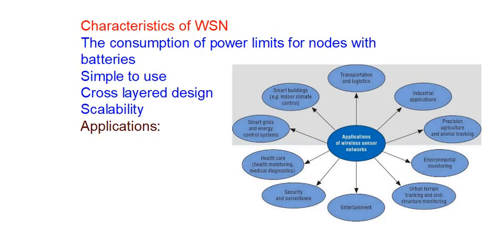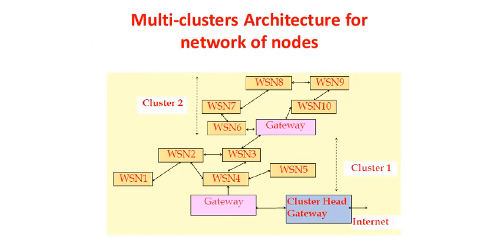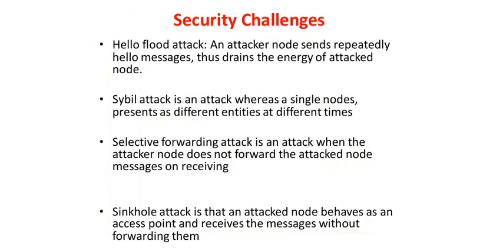These are the four: hello flood attack, Sybil attack, selective forwarding attack, and sinkhole attack. These are the different security challenges that we generally come across in wireless sensor networks. Using proper security algorithms, checking algorithms, and additional software strategies, it is possible to overcome all these challenges.